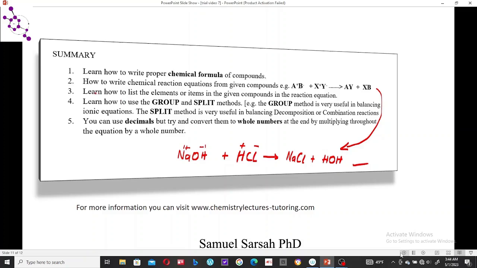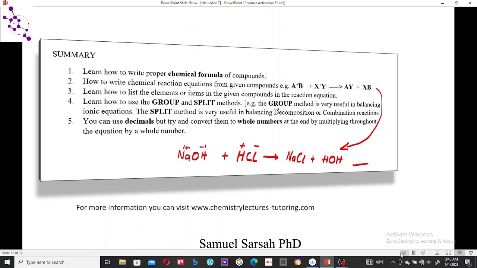And then the next thing that you need to know is how to list the items or elements in a given compound that you're given. So this we have gone through in the videos. And then the fourth one is learning how to use the group method and the split method.